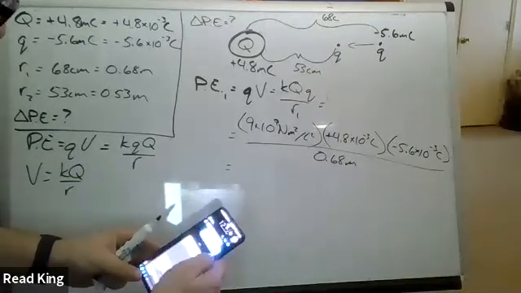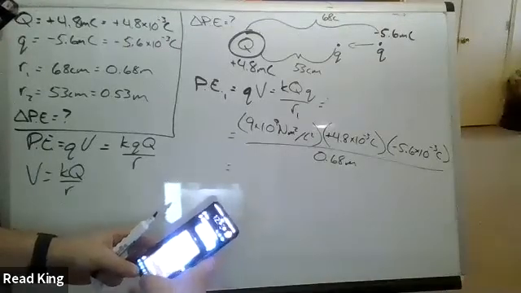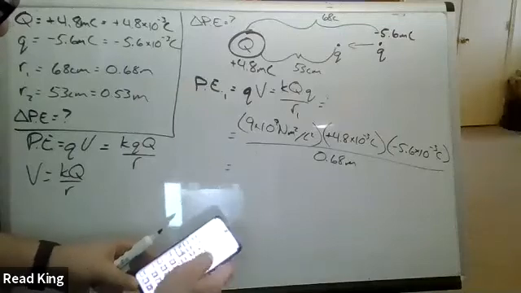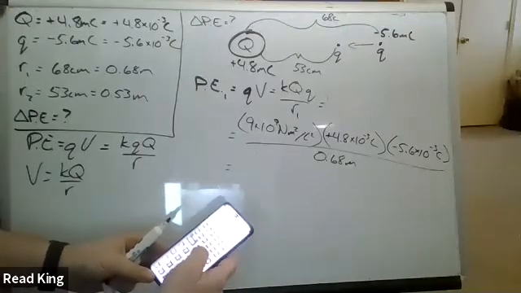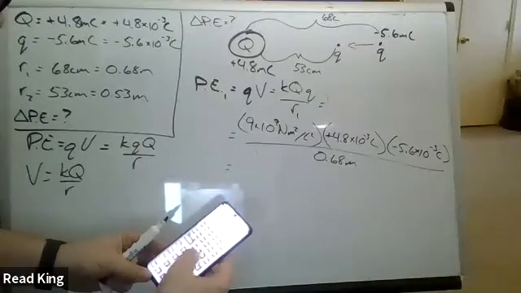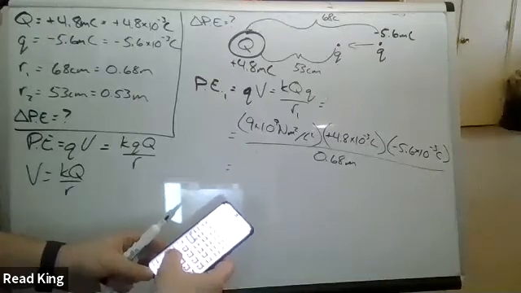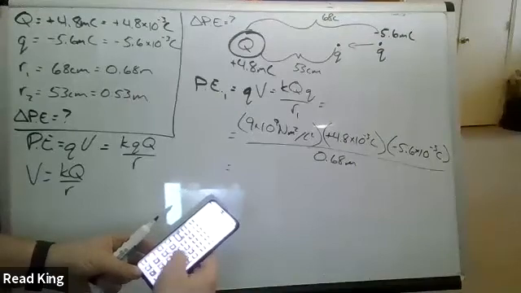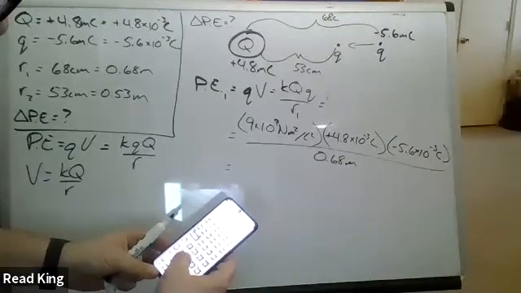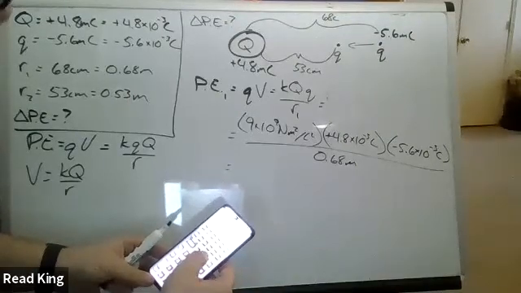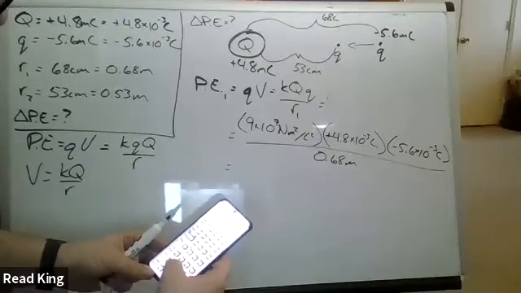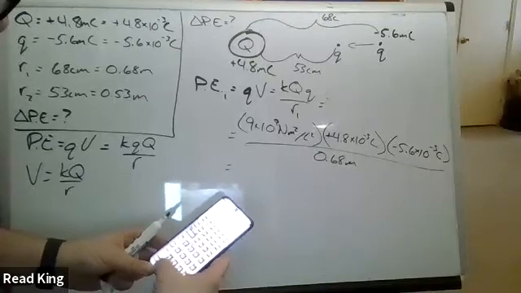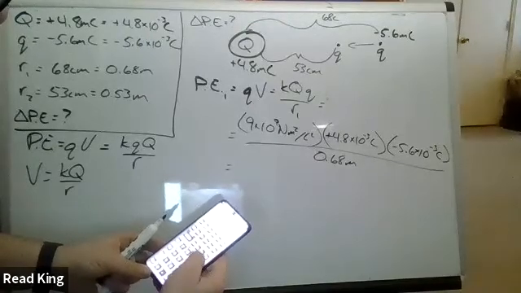Let's see. 9E9 enter, 4.8E minus 3 times 5.6E minus 3 times, and then 0.68 divide.